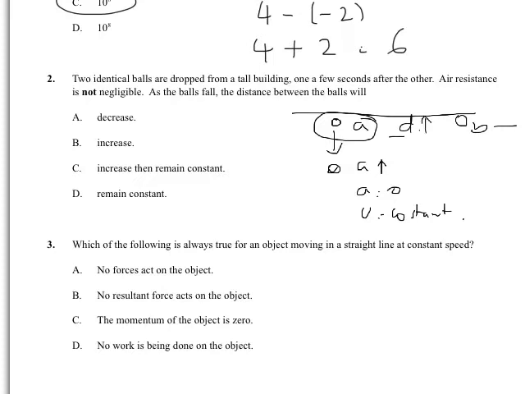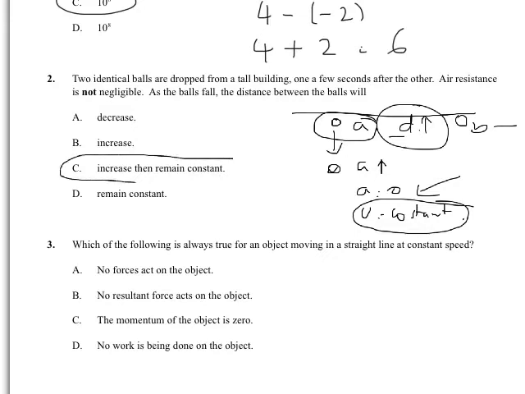But as they both tend towards this situation, you'll eventually get to a point where they are both going at a constant speed, so the distance will stop increasing and they'll have a constant distance between them. So the answer is C. Initially it will increase and then it will remain constant.